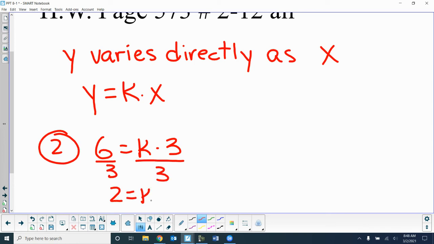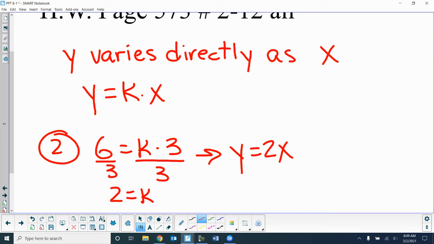So 2 equals k. So my new equation then, instead of y equals kx, it's y equals 2x. Because I know k is 2. And then you were supposed to graph that. But again, you guys should be able to graph that. Start at 0, go up 2 and over 1, right? All right. 3 and 4 are just like that.